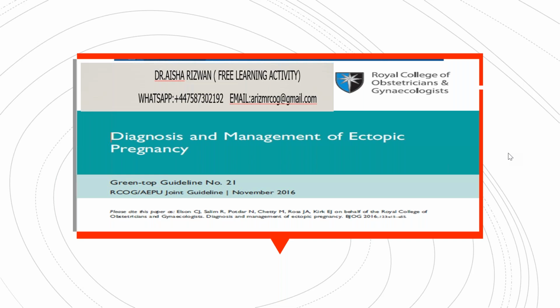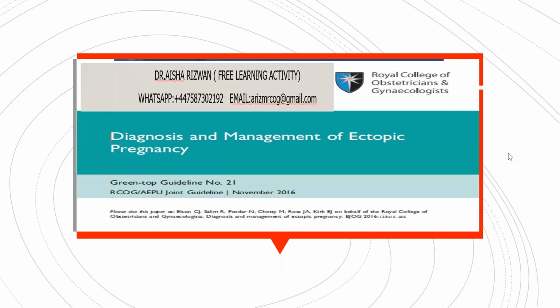Remember that if the levels of progesterone are less than 5 nanograms per ml, they mark abnormal pregnancy. And if the levels of serum progesterone are more than 25 nanograms, they will point towards a successful pregnancy.